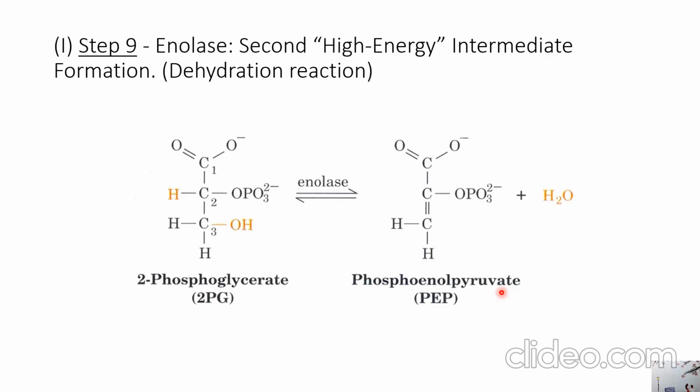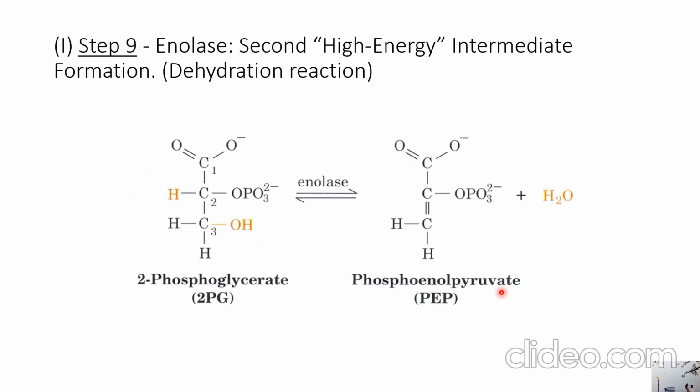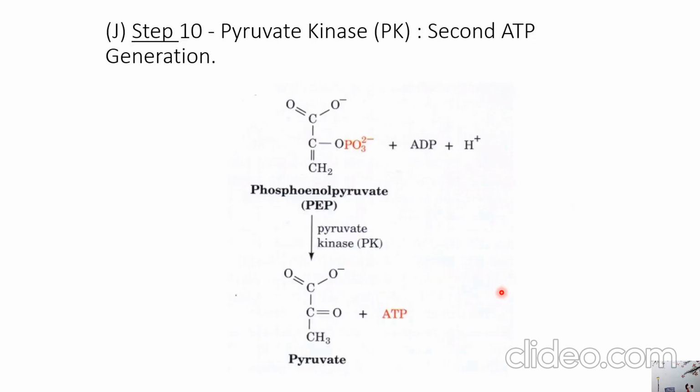Next is step 9, enolase, where this is the second high-energy intermediate formation by a dehydration mechanism. Pyruvate kinase is the second ATP generation.